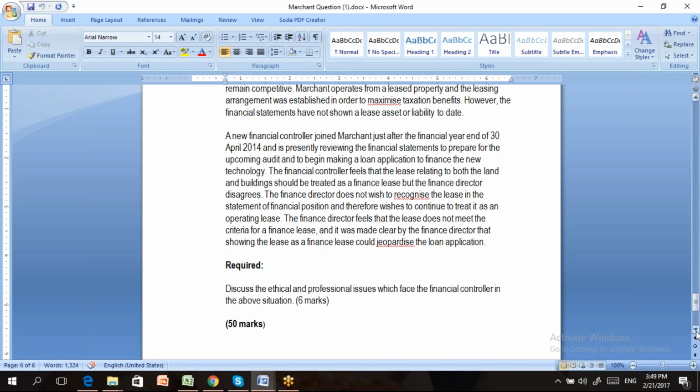In this case, the finance director should not place the financial controller under any undue influence or undue pressure in order to influence his decision.